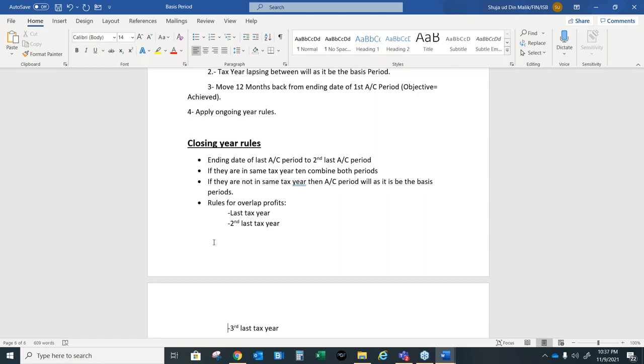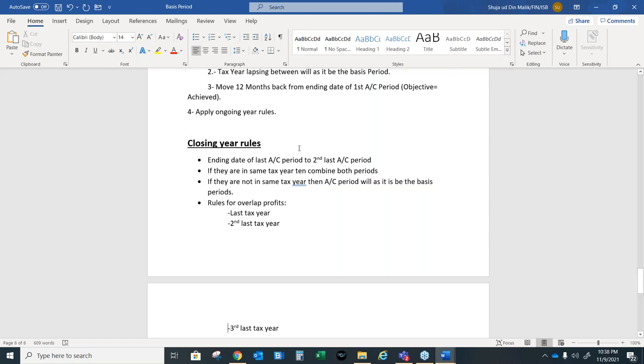We have seen in previous basis period questions that a business opts for an accounting date and carries on with it, year by year, without any change, until a problem occurs, the business closes, or the accounting date changes. But when the business ceases, there are fair chances that the cessation does not follow your normal accounting date.